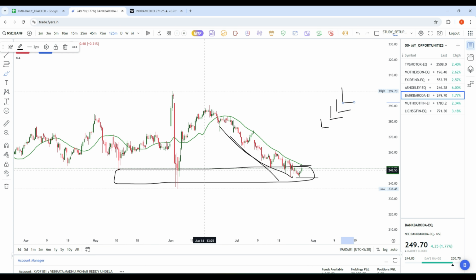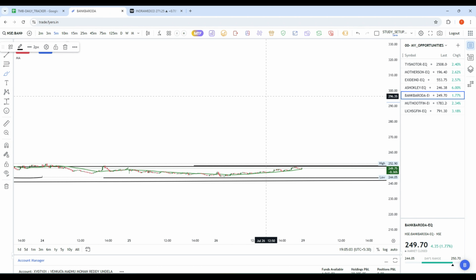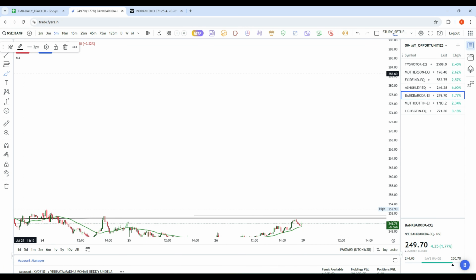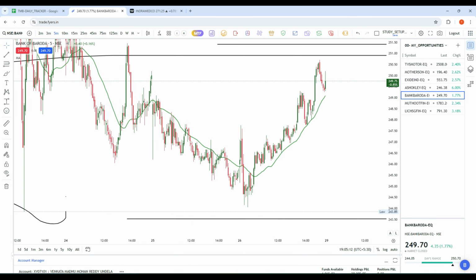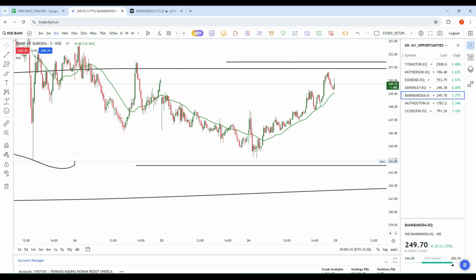I didn't observe; this is what I am saying based on experience. See, it is making a bullish structure, right. It formed the lower lows, and it is a bullish structure, okay.